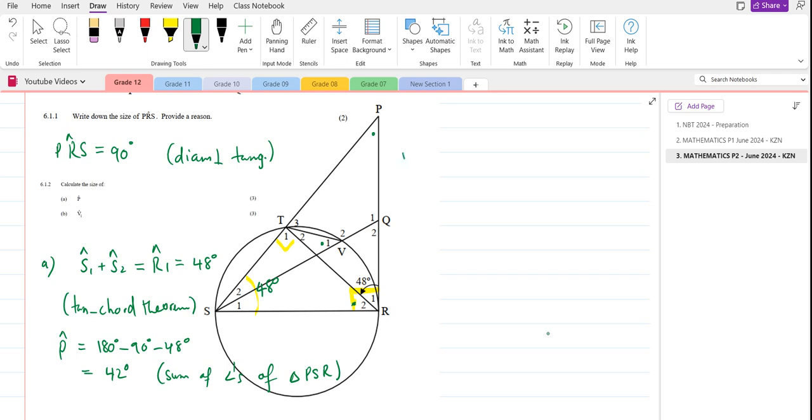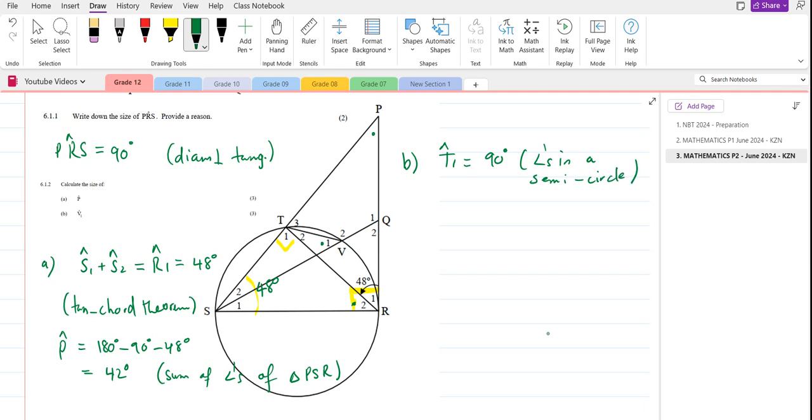Now calculating part B, the size of angle V1. That's simple. To calculate the size of angle V1, remember we need to say angle T1. I already marked it here, so we can say angle T1 is equal to 90 degrees, angles in a semicircle, right?